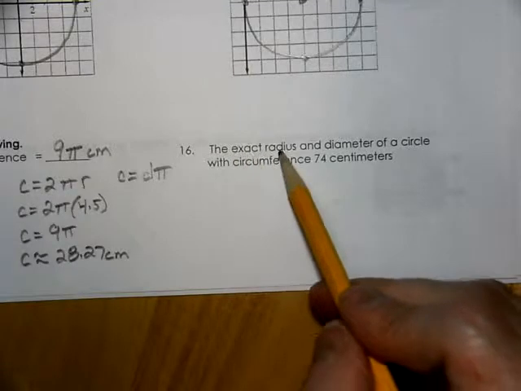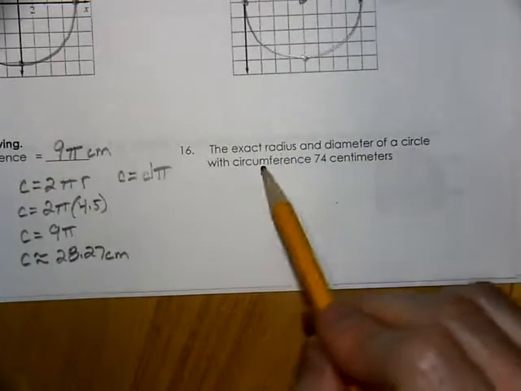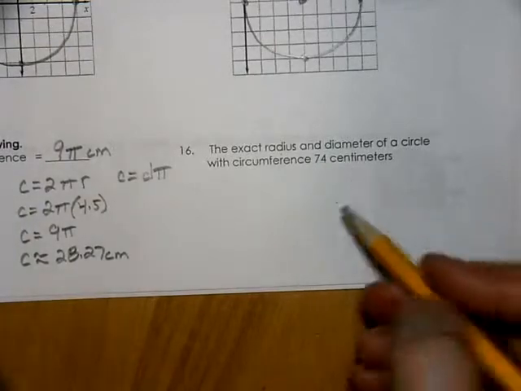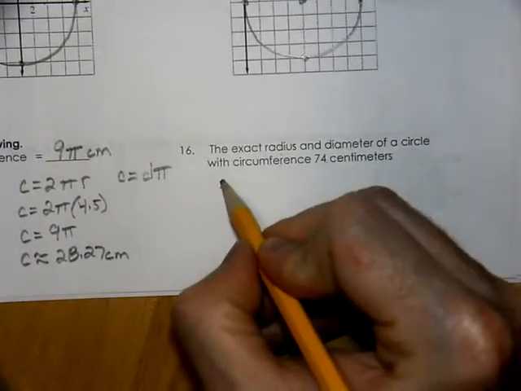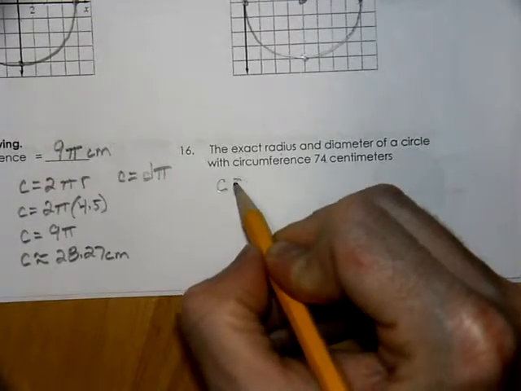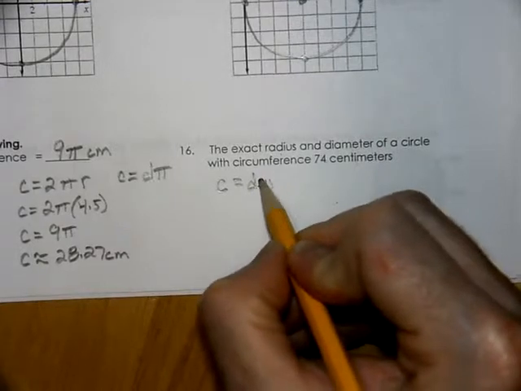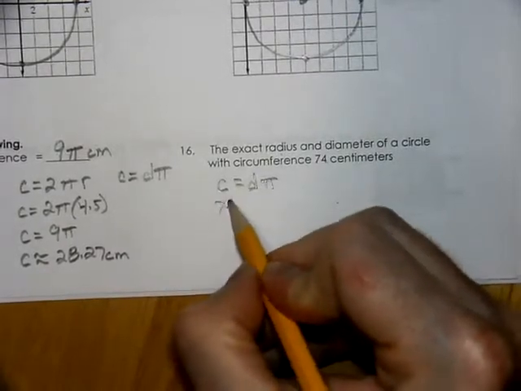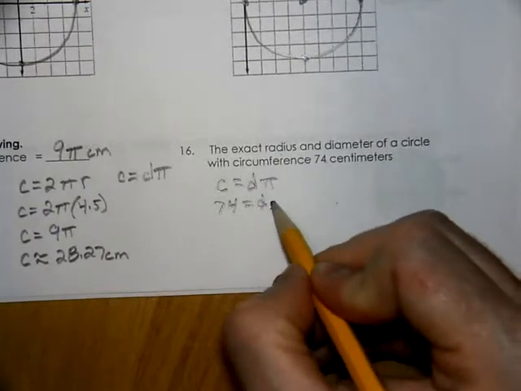We're supposed to find the exact radius and diameter of a circle with a circumference of 74 centimeters. We're supposed to know the diameter. So I'll pick the formula that deals with diameter.